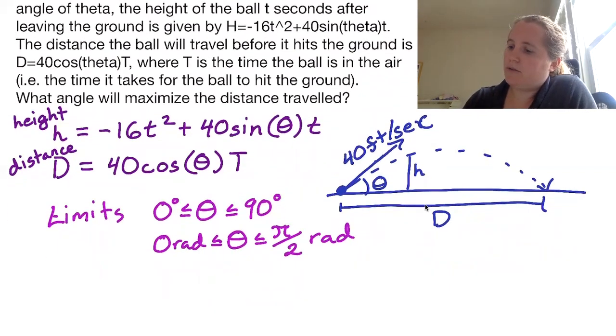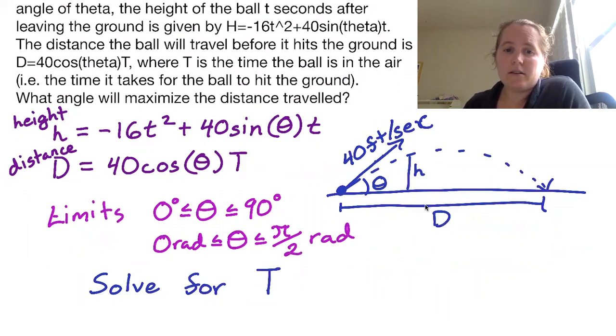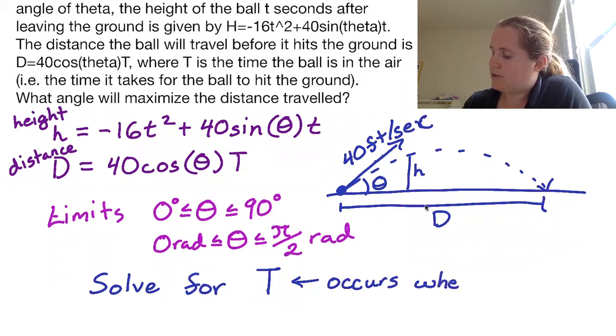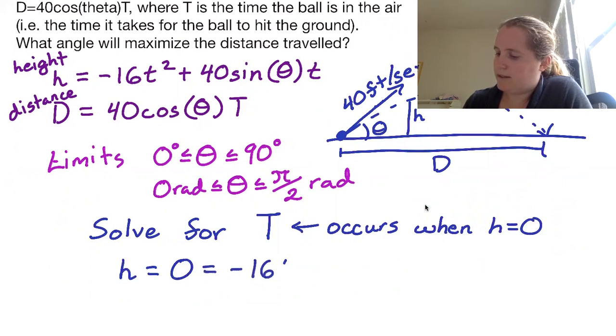We can go ahead and solve for capital T. So that happens when the height equals 0. So this occurs when h equals 0. And so we can go ahead and set our h equal to 0. We have negative 16t squared plus 40 sine theta t.